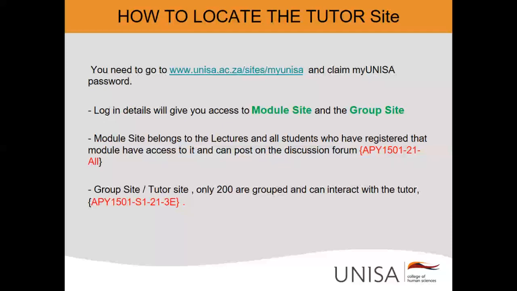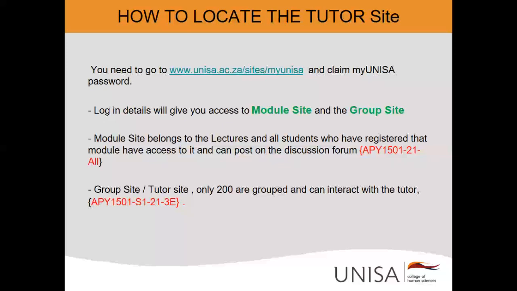The second site that you will get access to on MyUnisa is the group site. Unlike the module site, where remember I said all students who have registered for that module have access, for example, if the APY 1501 module has 20,000 students, all 20,000 students have access to that site.